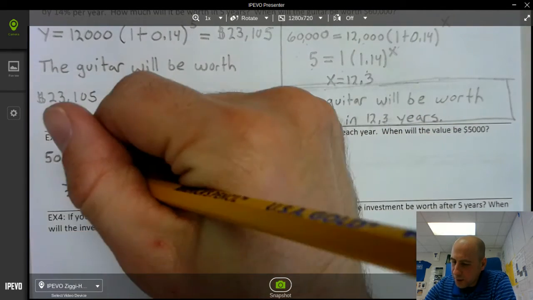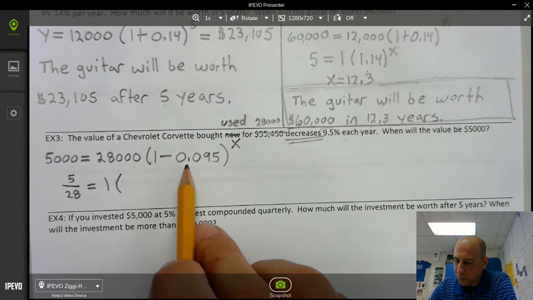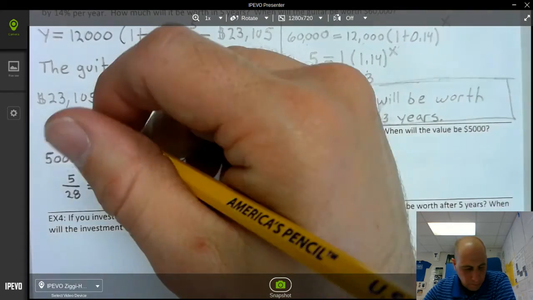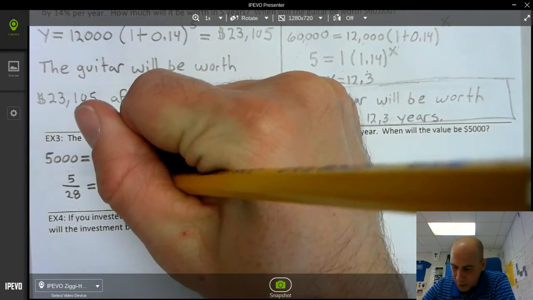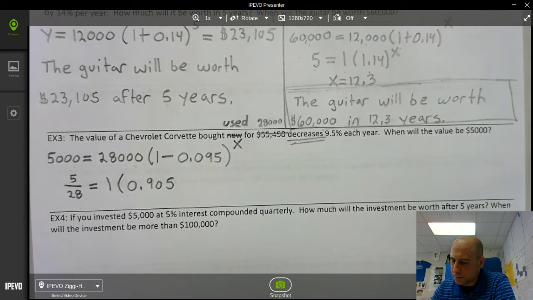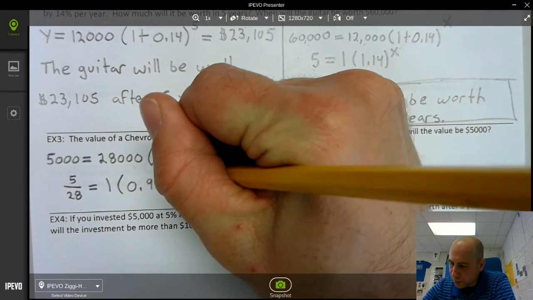So 1 times, and when you subtract 1 minus 0.095, it is 0.905. And then that's raised to the x power.